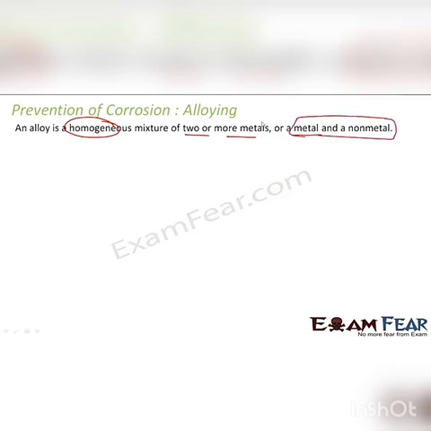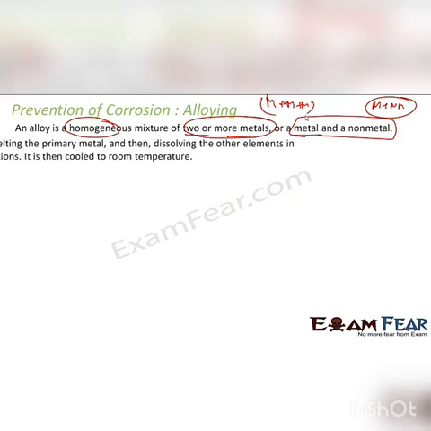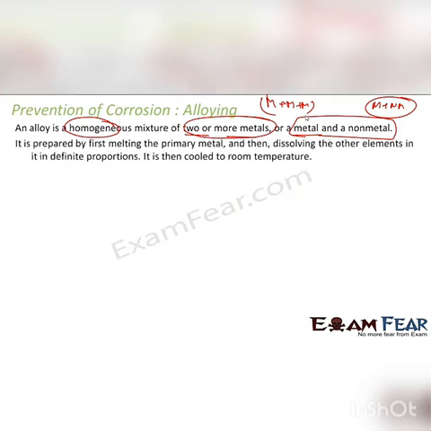So you can have a metal and non-metal combination, or you can have a combination of n number of metals also. So this is an alloy, right? It is prepared generally by first melting the primary metal and then dissolving other metals in different proportions and then cooling down. For example, I'll take some examples here.